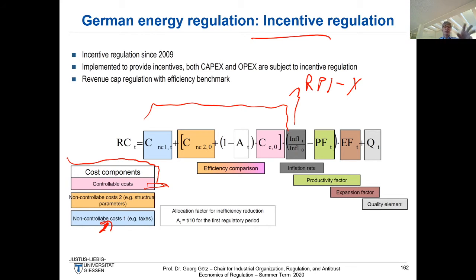So this is already a preview to a part when we discuss more price cap regulation and not only cost of service regulation. But the important point is that it also features components of cost of service regulation, and it has certain other elements like the quality element and so on. We don't discuss it here.